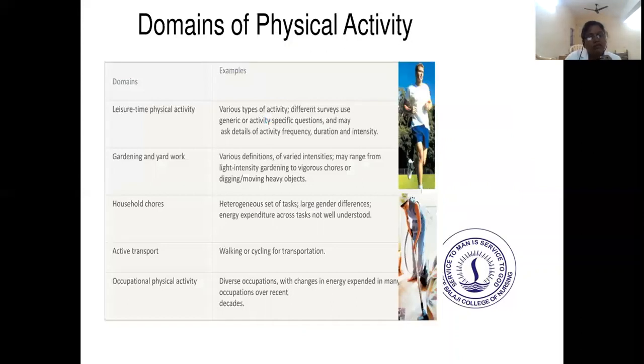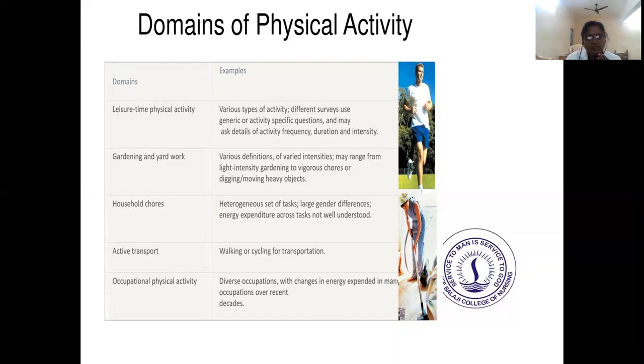Domains. When you're discussing physical activity, we have domains also: leisure time physical activities, gardening and yard work, household chores, active transport, and occupational physical activity. Leisure time physical activities are various types of activity.